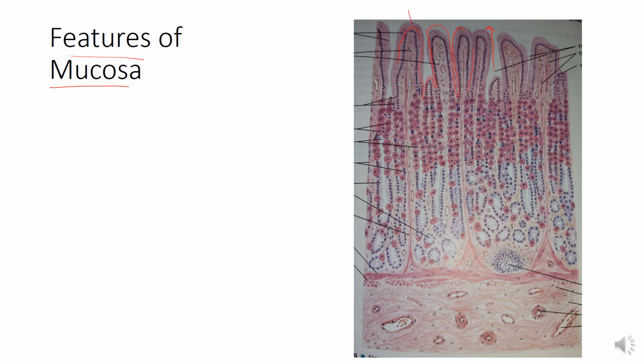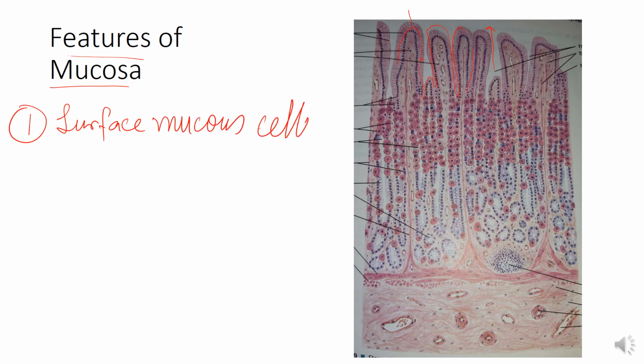So on the surface and in the gastric pits, the cells lining are known as surface mucous cells.